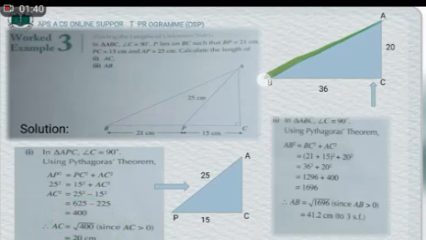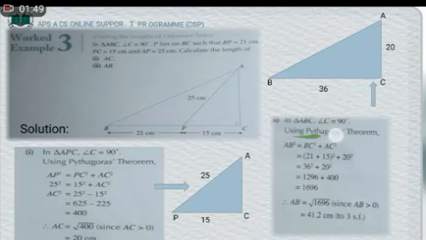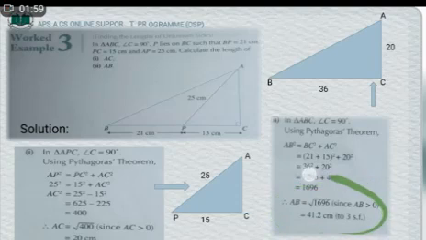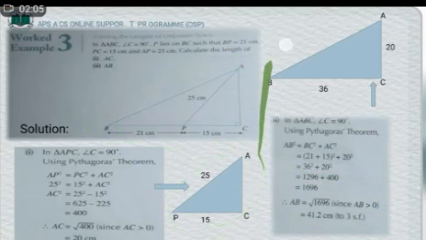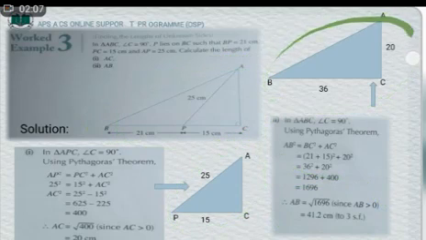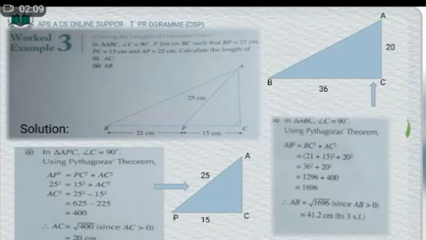So complete this triangle by putting the values of its sides. Now what is unknown? AB is unknown. Using Pythagoras theorem and the given values, find the value of AB. So if we have a question involving more than one triangle, we can solve them separately and find the value of the unknown sides of a triangle.